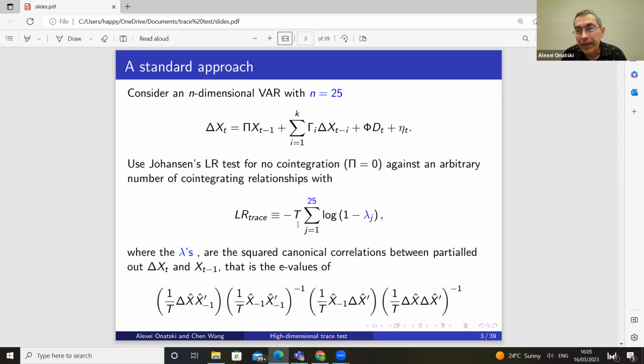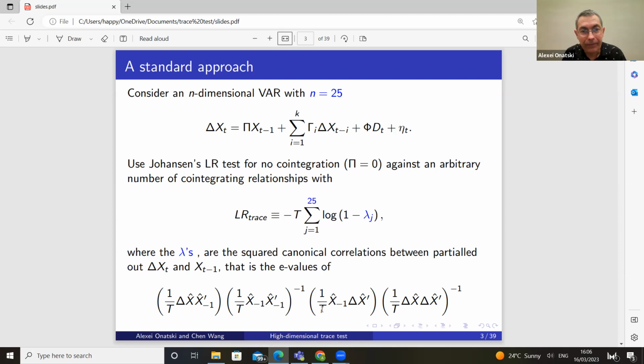Now, these lambdas, as I said, are eigenvalues. They can be interpreted as squared canonical correlation coefficients between the changes in the variable x and the lagged level of the variable x. A squared canonical correlation coefficient is just a multivariate generalization of the usual squared correlation coefficient. So you take this product of four matrices.